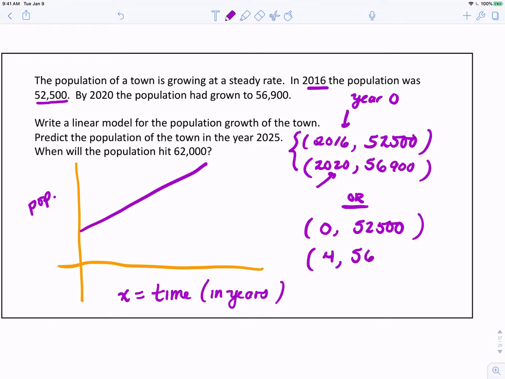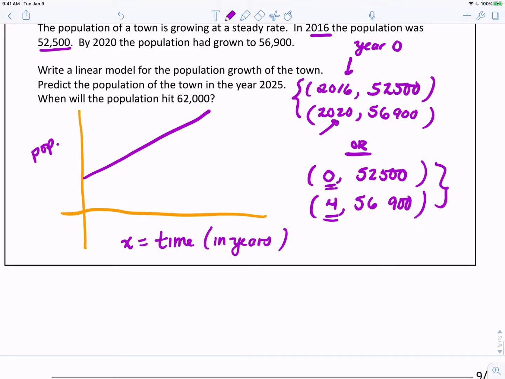The population of the town was 56,900. And the reason some people choose to make that swap of the years is just to make the computation a little bit easier when you go to point slope formula.